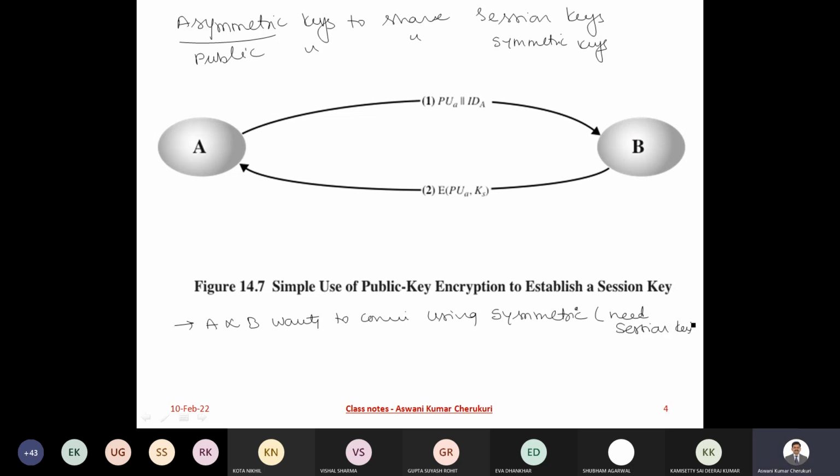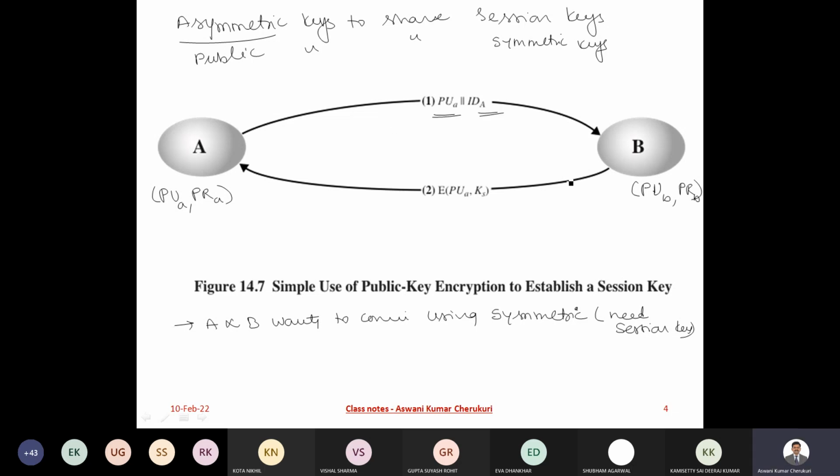For that, what is A doing? A is sending a message to B. Remember, this works if you already have a public key and private key pair at both ends. What is it telling? Hey B, look, this is my public key and this is my identifier.